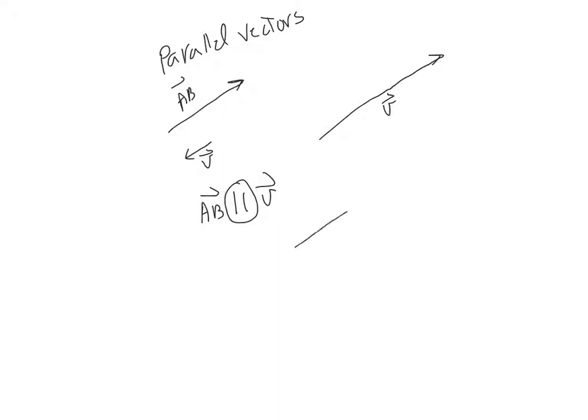For instance, if AB is this vector and V is this vector, as long as the magnitudes are the same, meaning the same length vector, and the direction is also the same, then we call these two vectors AB and V equivalent. So again, equivalent vectors are parallel vectors but with the same magnitude and also the same direction.